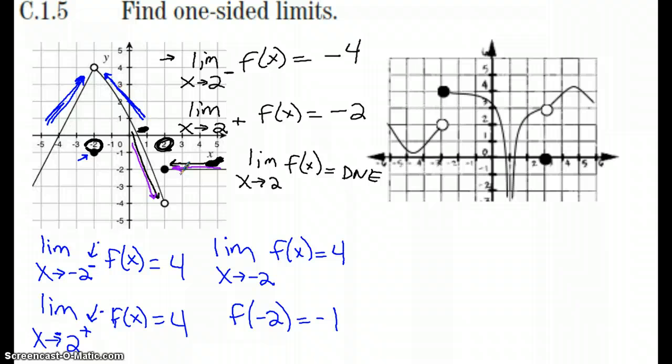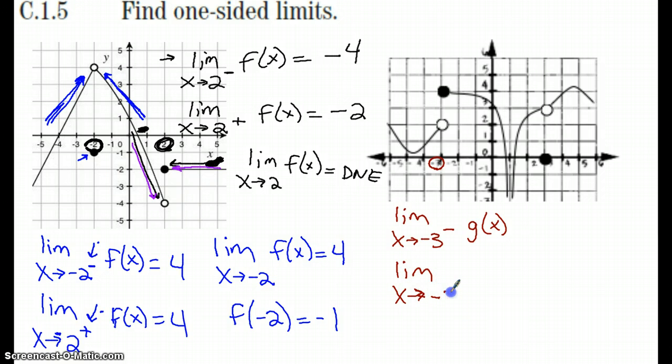All right, and let's look at one other type here. So let's look at the second graph, and this is negative 3 here. It's a little faded. So the limit as x approaches negative 3 from the left, let's call this function g of x, and the limit as x approaches negative 3 from the right of g of x.